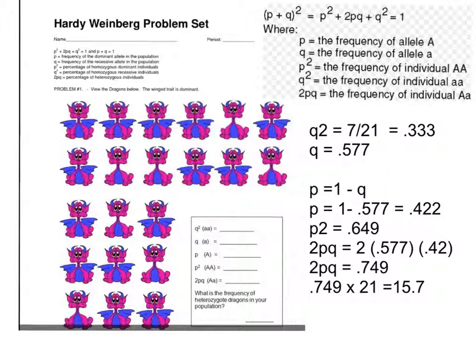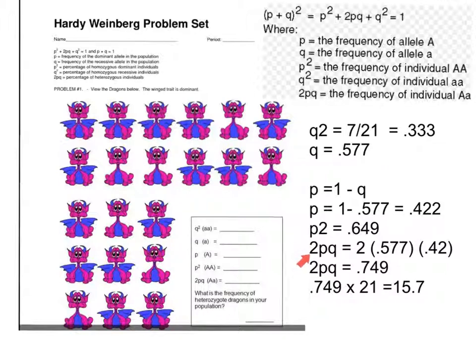Now, if I want to know the likelihood of occurring for q squared, p squared, and 2pq, I can take this and multiply it times 21. It will tell me how many individuals would have no wings. I can take the 64.9%, multiply that times 21, and it would tell me how many I would expect to be homozygous dominant for wings.